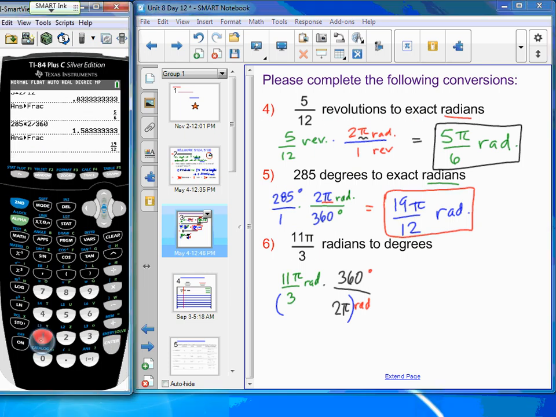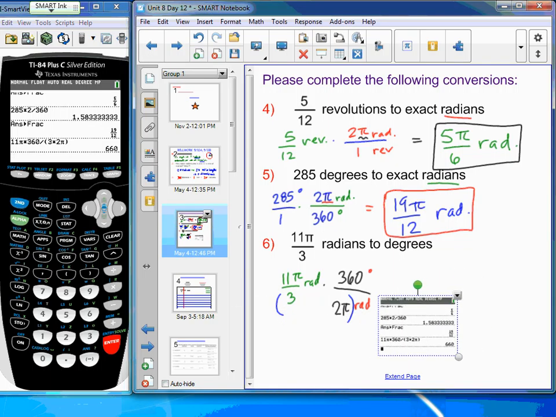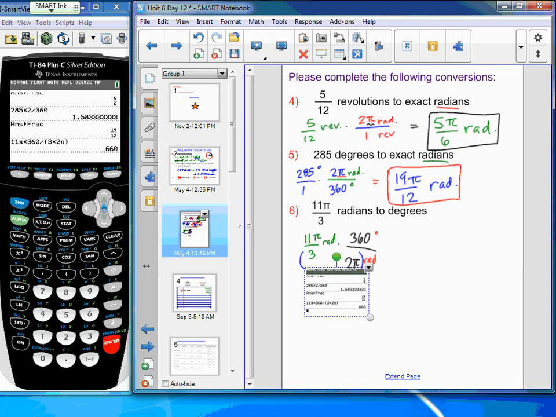Let's try. 11 pi times 360 divided by left paren to open up the denominator, 3 times 2 pi, right paren to close the denominator, and let's see how it goes. Voila! I get 660 degrees. We'll take a screenshot of this so we have it for all those calculations.